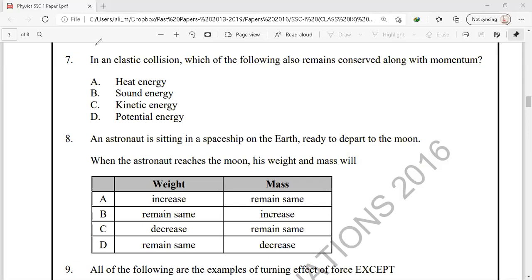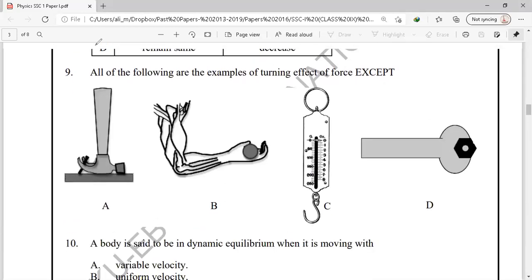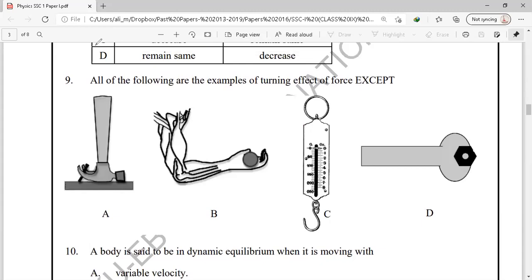Let's move to another question, that is question number 9. This question is from our chapter number 4, and this question belongs to turning effect of force. In four different examples, we have application of torque or turning effect of force, except one.